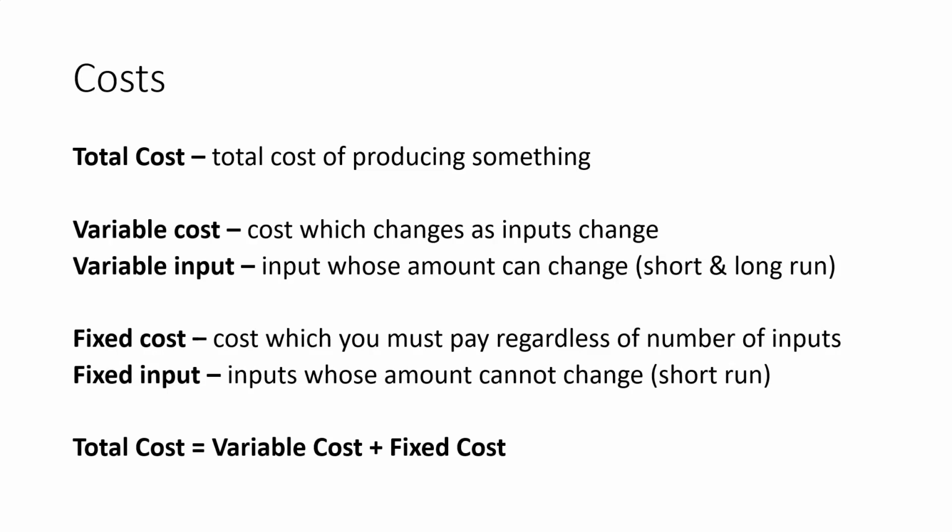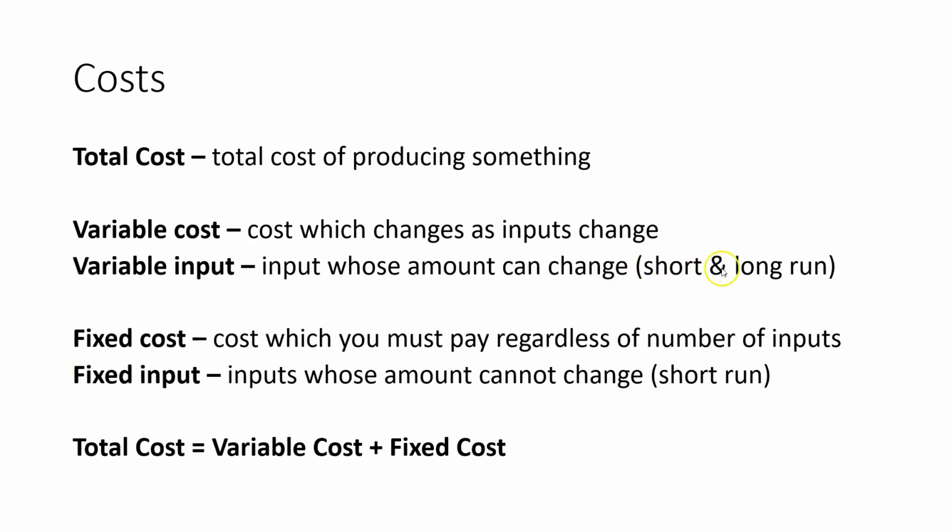All right. Now, previously we had talked about long run and short run, and now we have to adjust their definitions slightly. The short run is a time period less than a year, and it's a time period in which you have at least one fixed input. There's something you can't change.